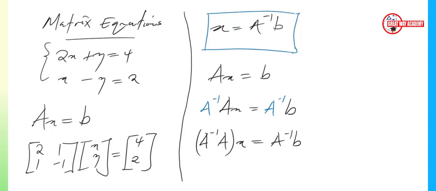The inverse of matrix A multiplied by the same matrix gives us an identity matrix.